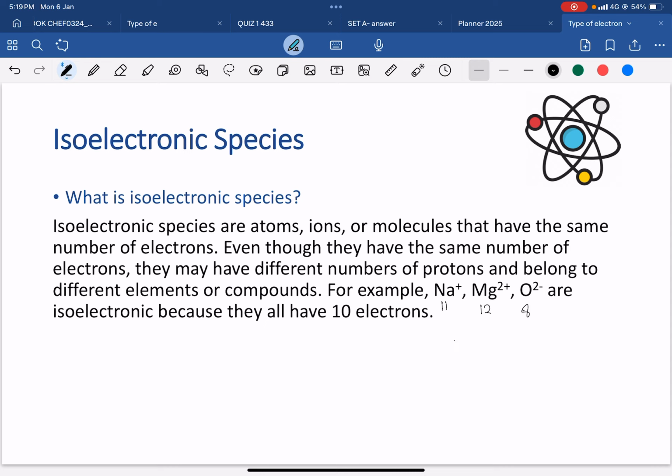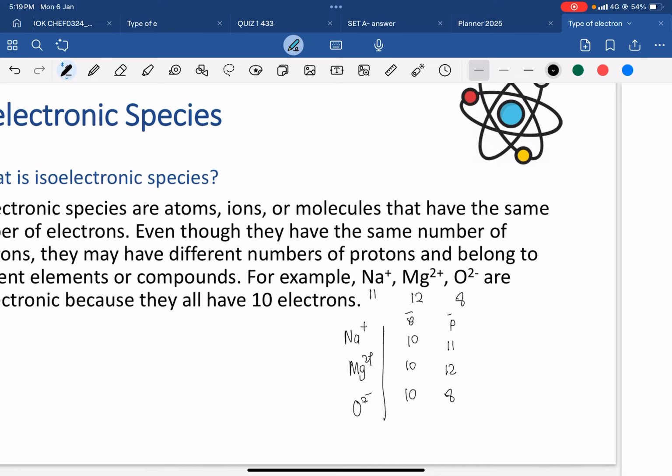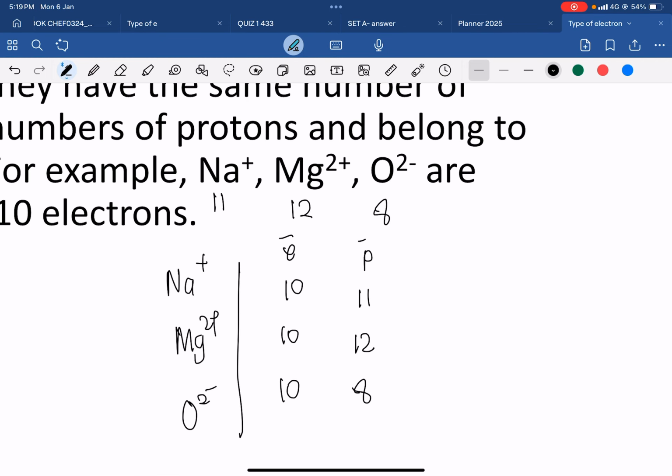So kalau kita tengok Na plus, Mg2 plus, O2 minus. Okay, number of electron sama but number of proton will be different. Okay, 11, 12, 8. So if you look at this, which one do you think is going to be the biggest one?